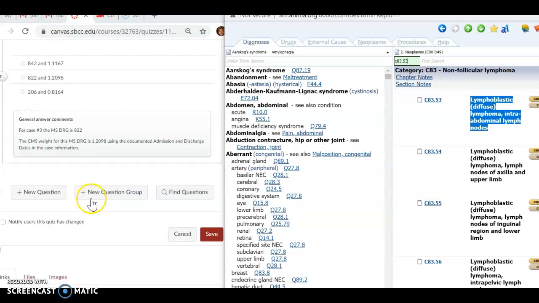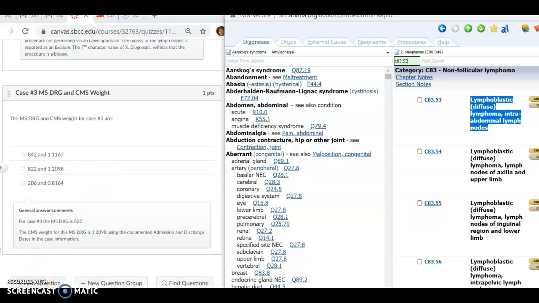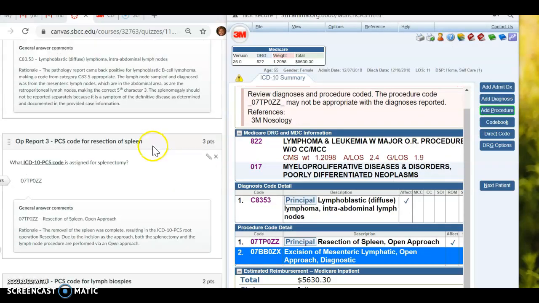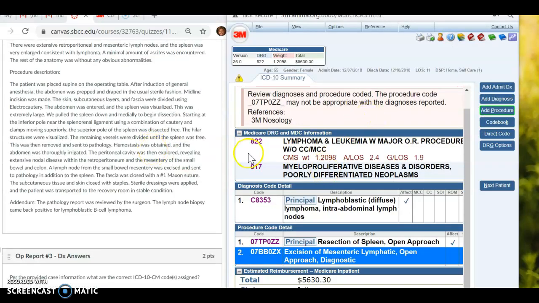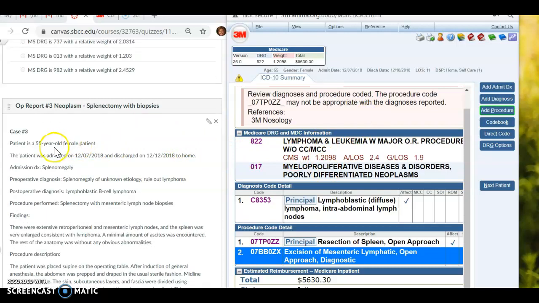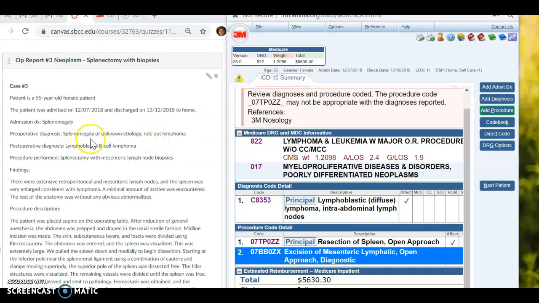And then I'm going to go ahead and figure out the MSDRG for you. A couple of different things here. I put everything in. Just remember that this patient is 55 and look at the year. That makes a big difference. With this, okay, they're saying that our procedure doesn't match up with our diagnosis, which in reality, correct, it doesn't, because we were coding the cancer. They're saying that it was a splenomegaly, but actually the patient did have the lymphoma.